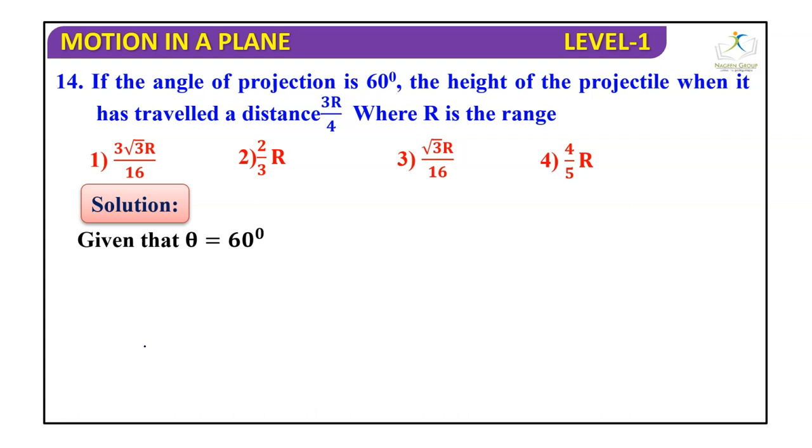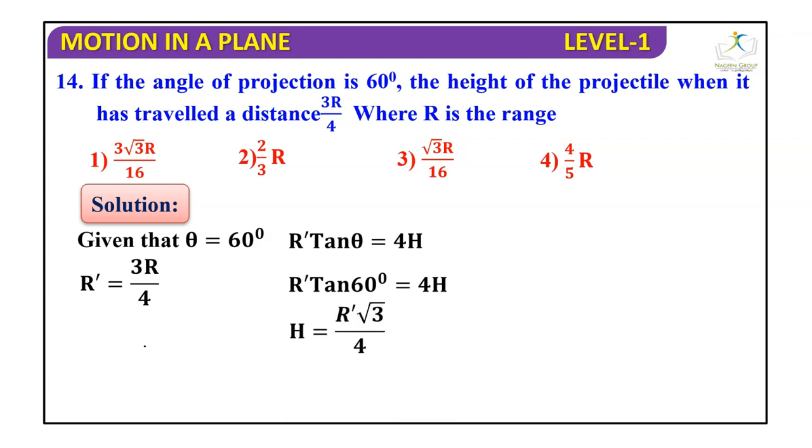Given that theta is equal to 60 degree, so R prime is equal to 3R by 4. R prime tan theta is equal to 4h. R prime tan 60 degree is equal to 4h. H is equal to R prime root 3 by 4. H is equal to root 3 by 4 times 3R by 4, or 3 root 3 R by 16, which is option first.